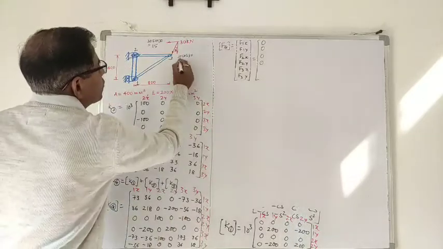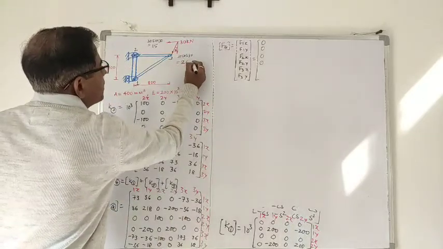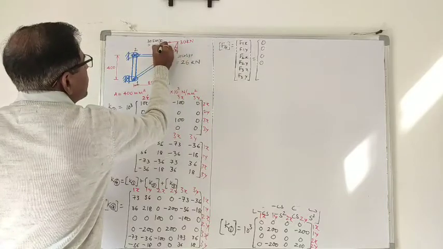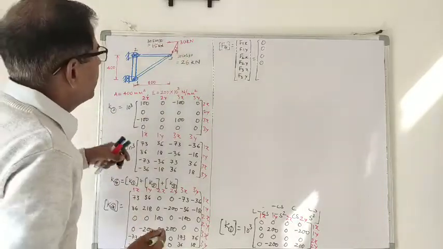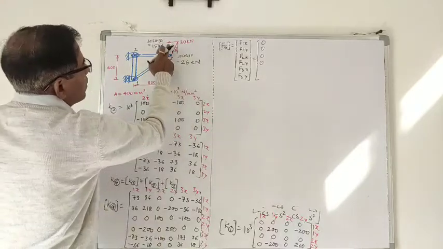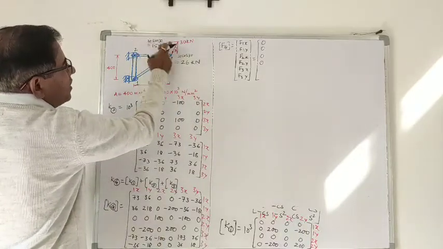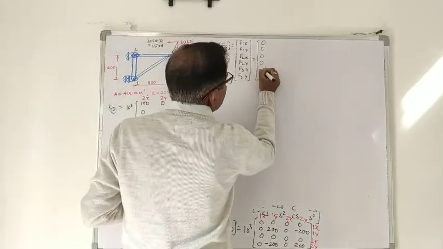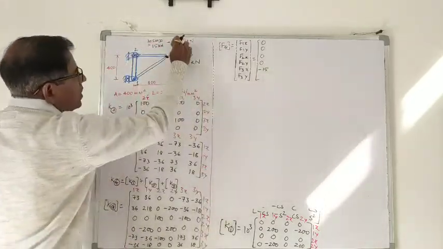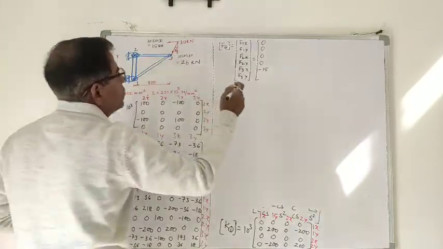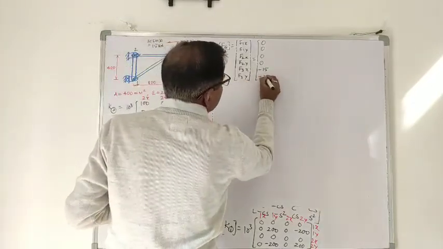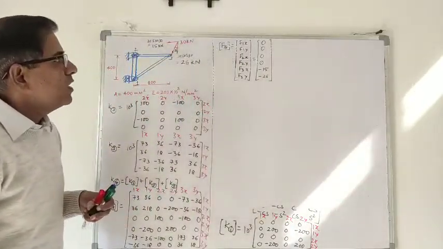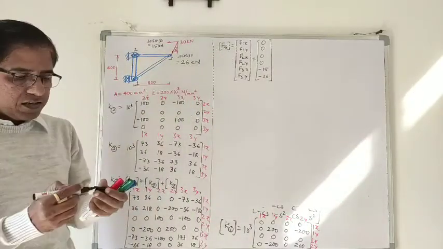So 30 cos 30 is 26 kilonewton and 30 sin 30 is 15 kilonewton. Now this 15 is in the negative x-axis direction, so it will be minus 15, and this 26 is in the negative y direction, so it will be minus 26. So this is our global force matrix.